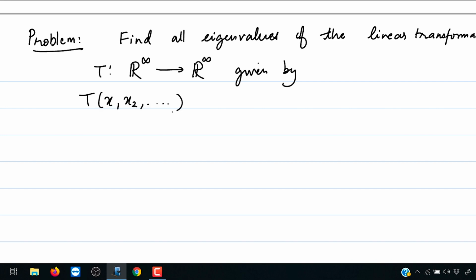So R infinity was the space, or the vector space, of all sequences x1, x2, and so on. And what was this map? Let me again define it for you. This is just (x2, x3, and so on). So find all eigenvalues and the corresponding eigenvectors.